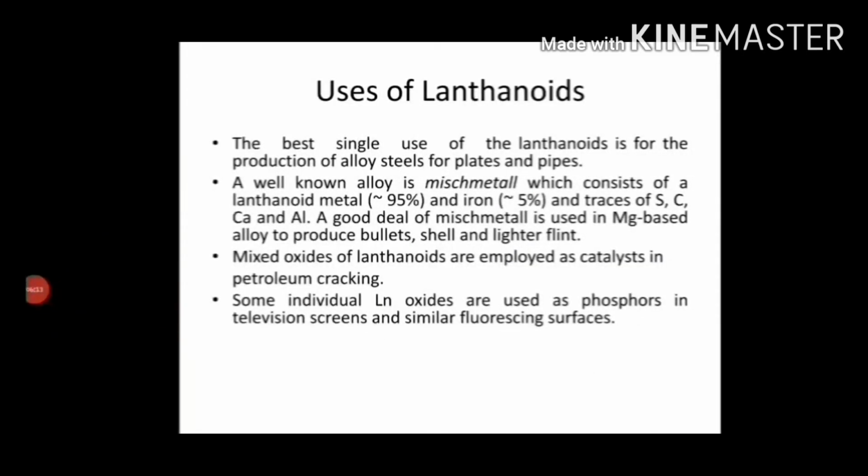Now the uses of lanthanoids. The best single use of the lanthanoids is for the production of alloy steels for plates and pipes. And the mish metal, an alloy which contains rare earth elements nearly 95% and iron 5% and traces of sulfur, carbon, calcium and aluminum.